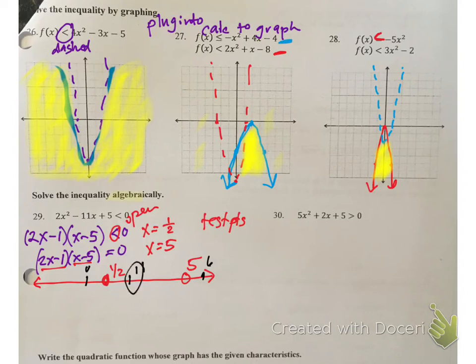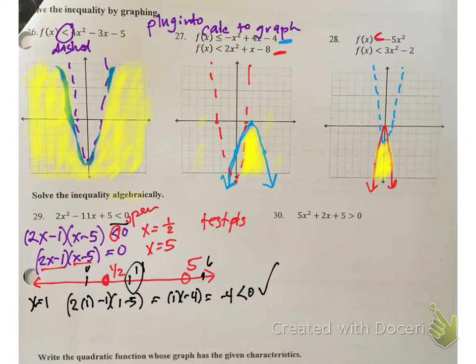So if I test x equals 1, I end up getting 2 times 1 minus 1, 1 minus 5, which is 1 times -4. And so -4 is less than 0. So that is a true statement.